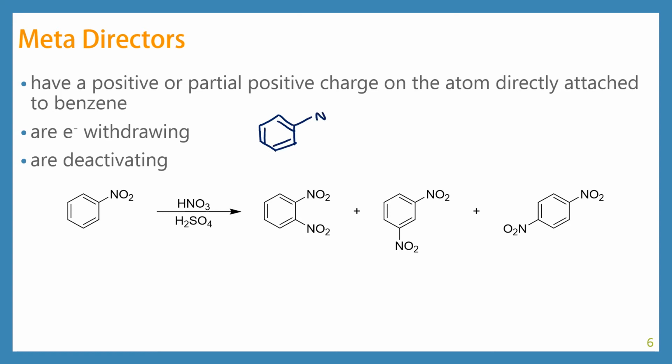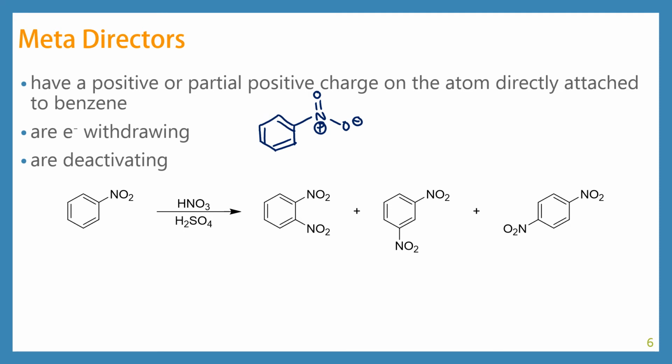But you have to remember that the structure of the nitro group has a positive charge on the nitrogen and a negative charge on the oxygen, and that's what keeps it a neutral group. This positive charge on the nitrogen makes the group electron withdrawing, so electron density is being pulled from the ring and into the nitro group.